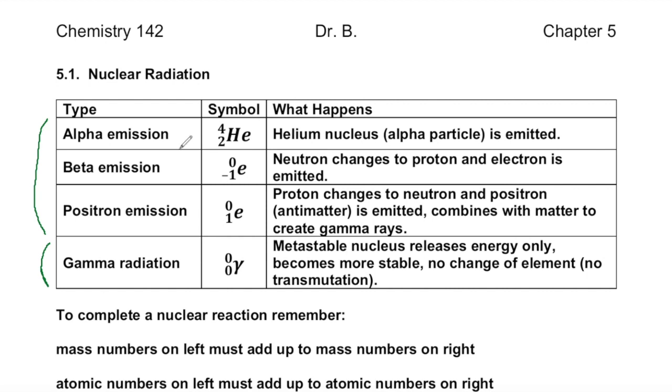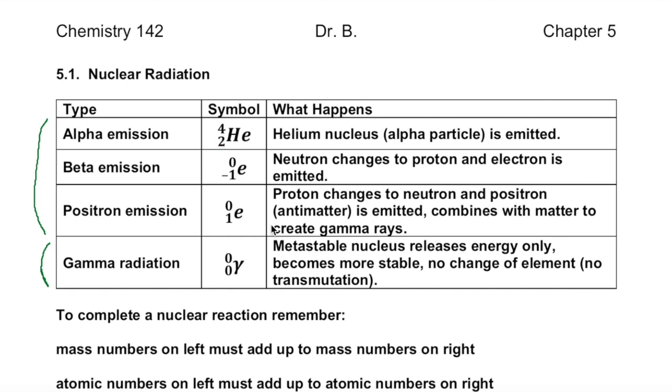So there's a few different kinds of particles, alpha, beta, and positron, that can be emitted, and we have symbols to show what these particles are, and these symbols will become very useful in just a moment. We'll see how when we write a nuclear reaction, having this mass number, here's the mass number up as a superscript, and the atomic number as a subscript, those are very useful because that will help us keep track of what is happening in the reaction.